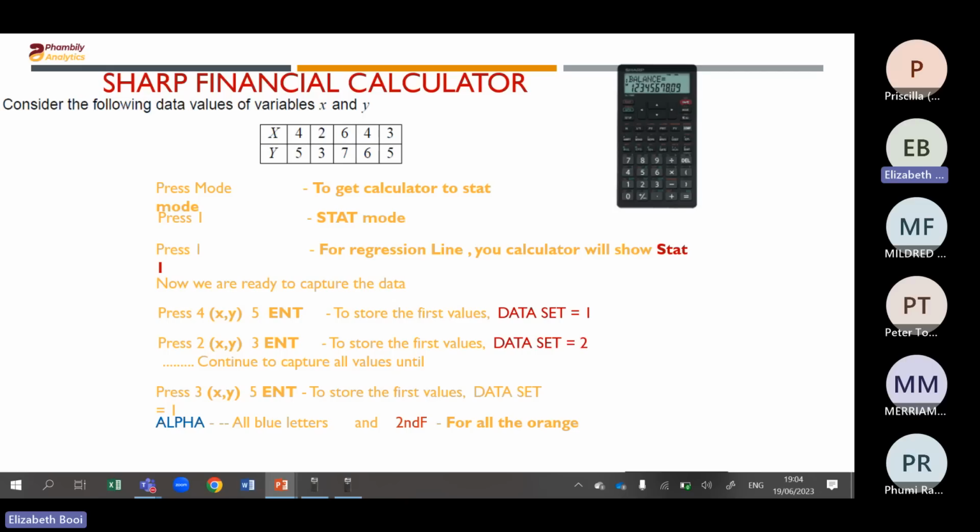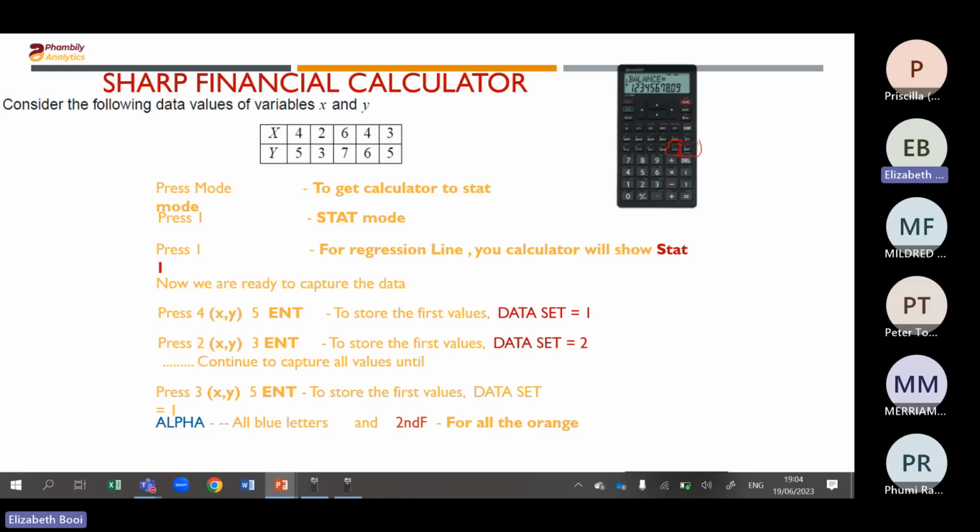You can follow the steps, but instead of using STO, there are two buttons, an ENT and the X and Y button. So you use those two buttons to enter your data.